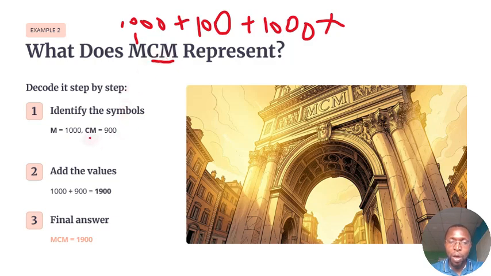So coming forward, you have to consider with CM. CM is 900, and the first M there is 1000. So the value is 1000. That's 1000 plus 900. So it's going to be 1900. So our final answer is 1900. Okay, so very clear, right?